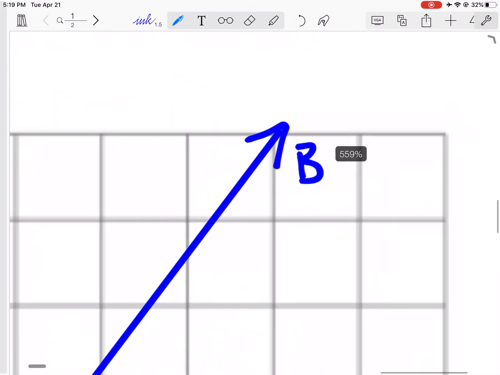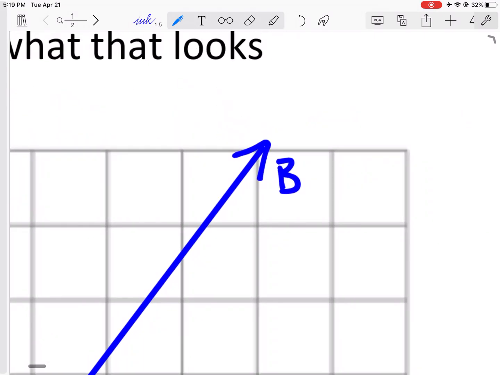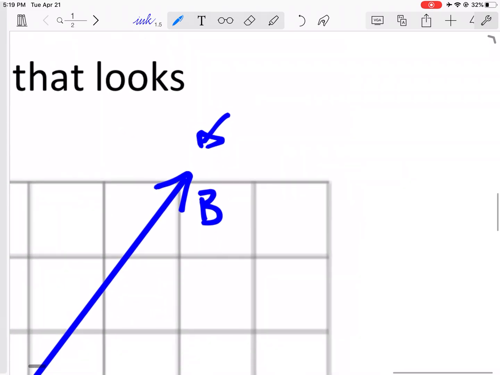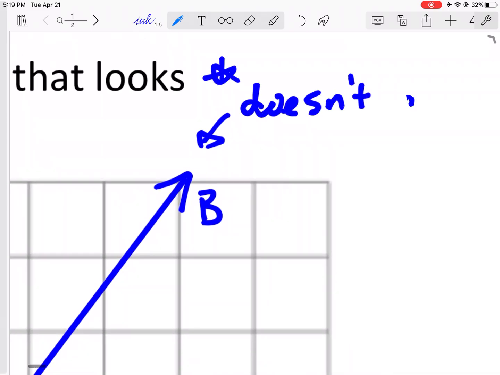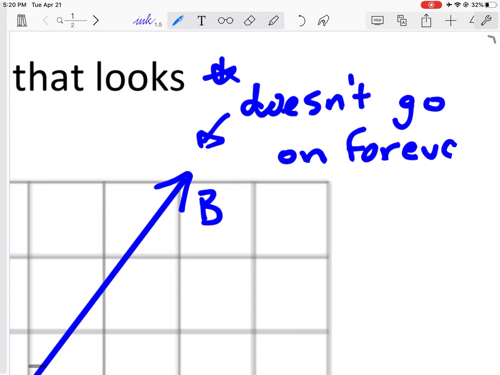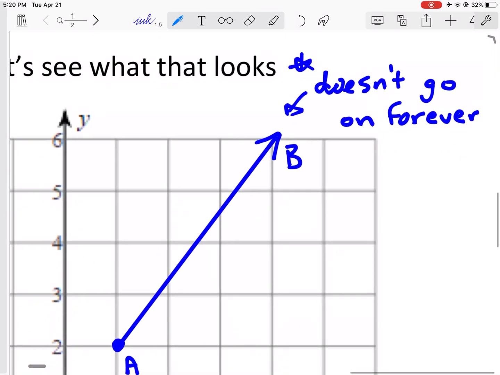Key distinction: this does not go on forever. In the past, we used arrows on functions, for example, to indicate its end behavior continuing on and on forever in a certain direction. With vectors, that arrow does not mean it's going on in that direction. That's just specifying the direction the vector moved.